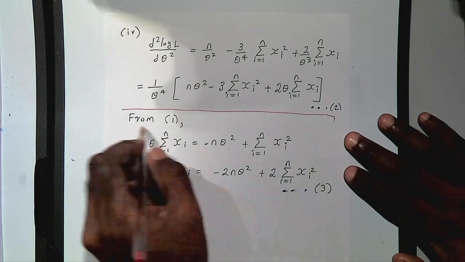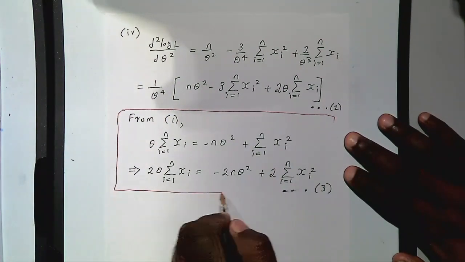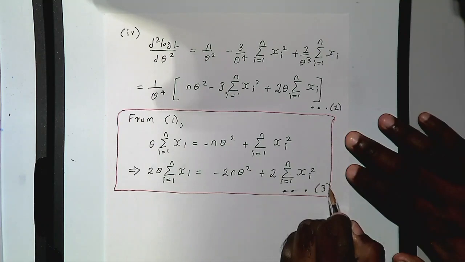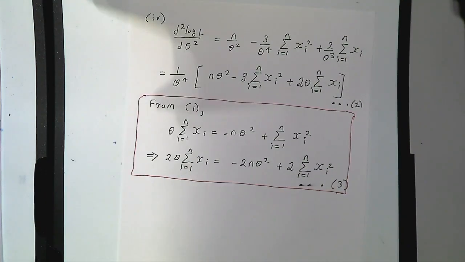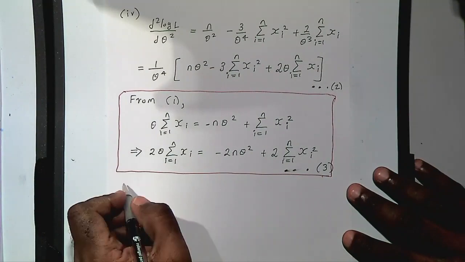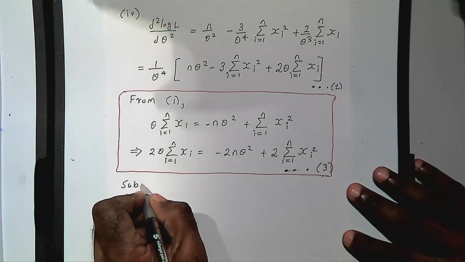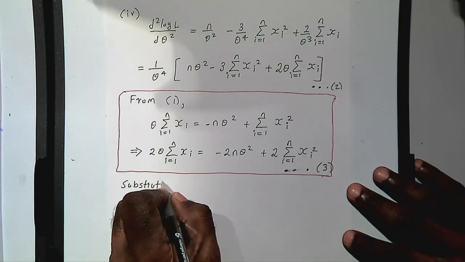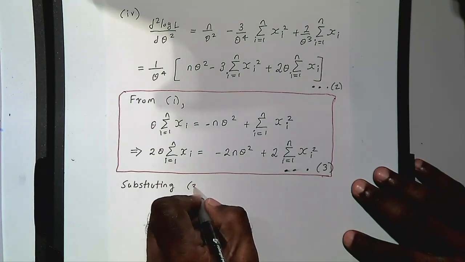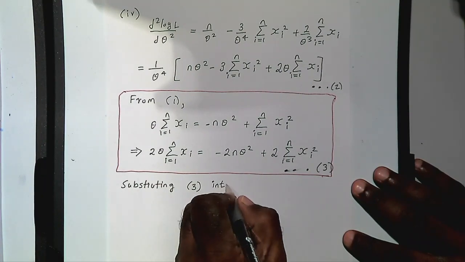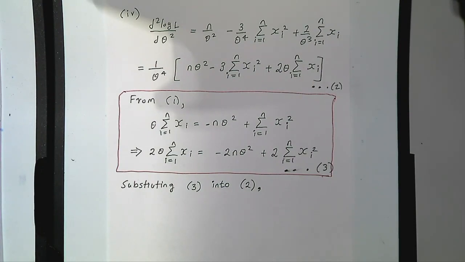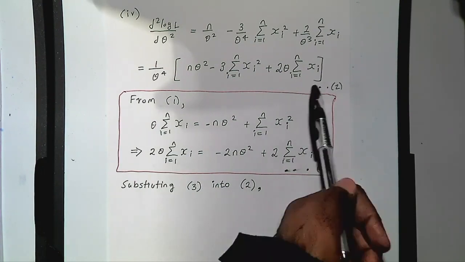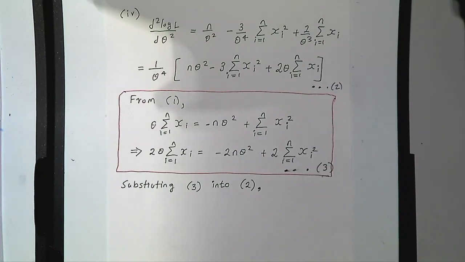You see a lot of boxes in this course. Now you should substitute 3 into 2. So what I'm going to do is replace 2 theta sum of xi by the right hand side.